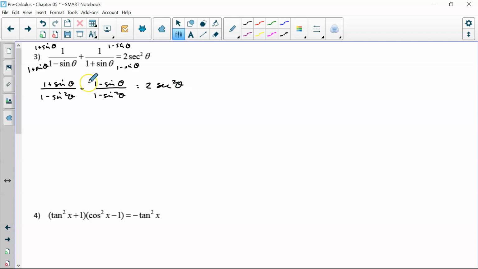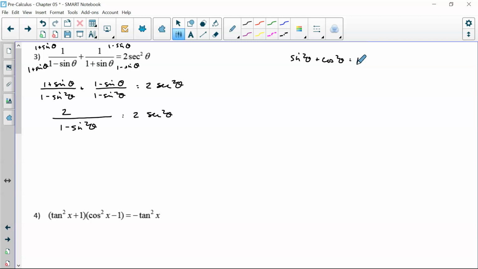Now, these already have that common denominator, so we can combine them. So 1 minus sine squared theta is our denominator, and when we add, 1 plus 1 is 2, sine theta plus negative sine theta, they cancel. So we're left with 2 over 1 minus sine squared theta equals 2 secant squared theta. 1 minus sine squared looks familiar. Remember, sine squared theta plus cosine squared theta equals 1.